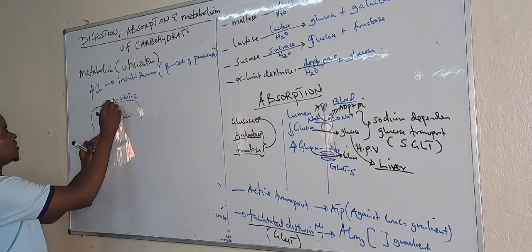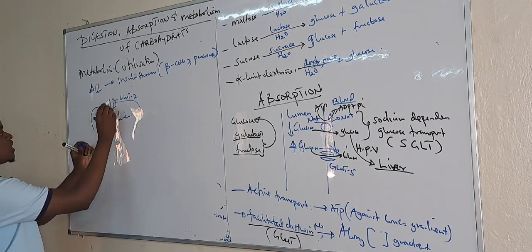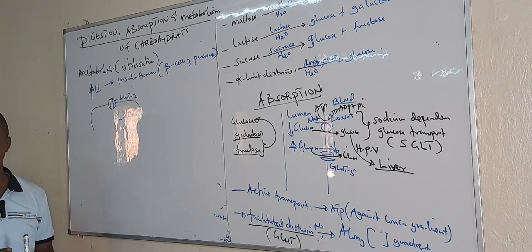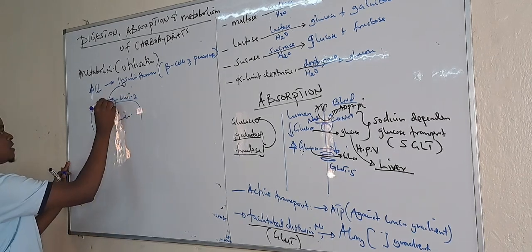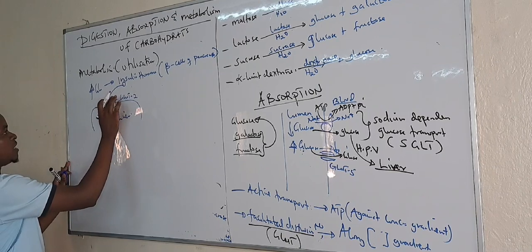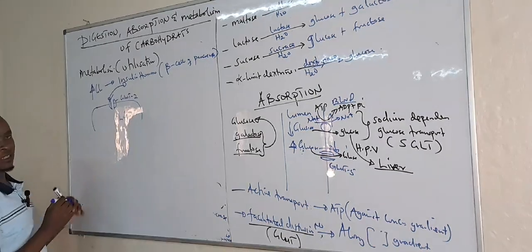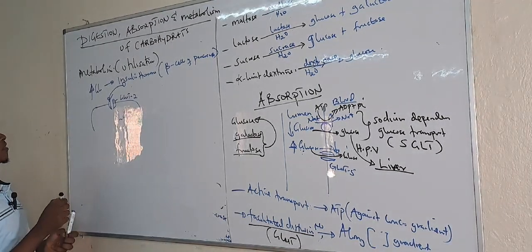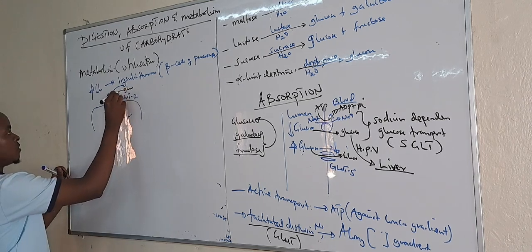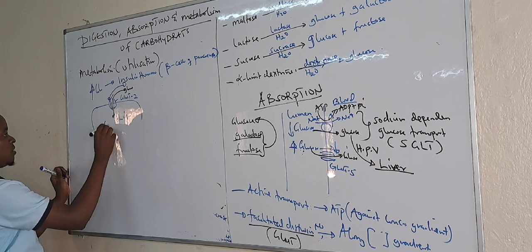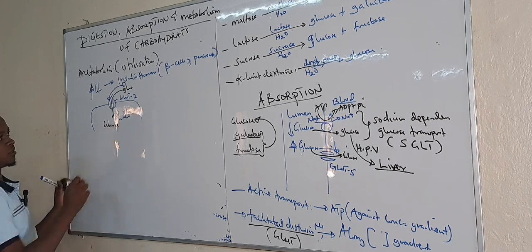Without insulin, these glucose transporters have the gate closed. But once insulin comes, it sits here and leads to the opening of the gate. And then when it opens, glucose is able to enter into the liver cells.